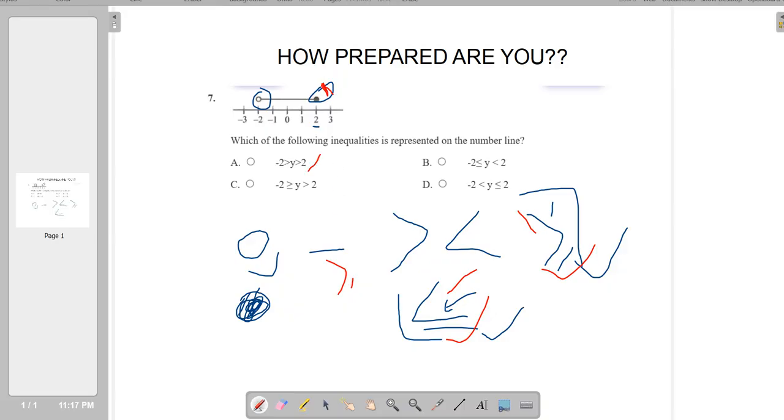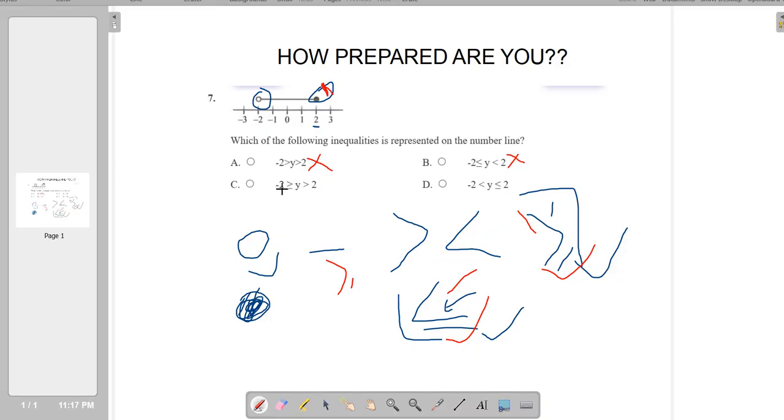So automatically eliminate A. Then we move to B. B is saying that y is greater than or equal to -2. Remember I mentioned that once the circle is not shaded, that part of the range must not carry the greater than or equal to sign or less than or equal to sign. So we can also eliminate option B.